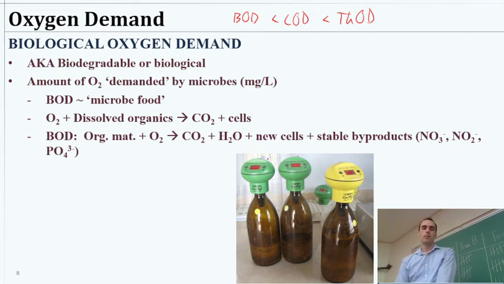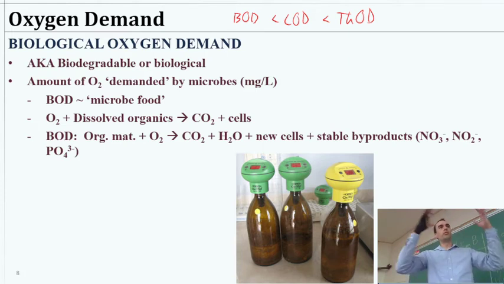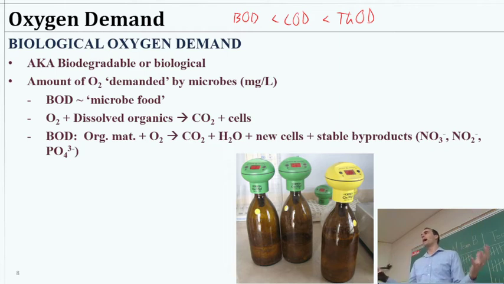There's a few particulars about how we measure it. And again, what we're measuring is the oxygen, and it's the oxygen that is being demanded because of the junk in the water. So we're using this whole metric as a measure of how much junk is in the water, how much bacteria food, biodegradable stuff. Okay, the same general principle applies.